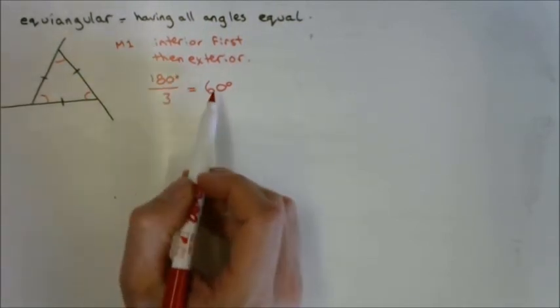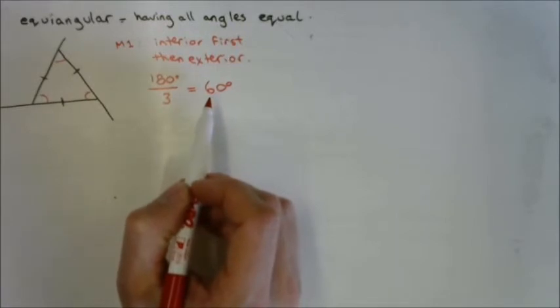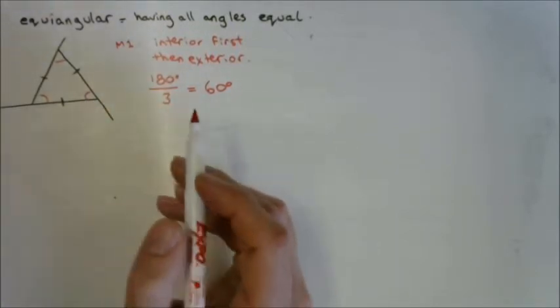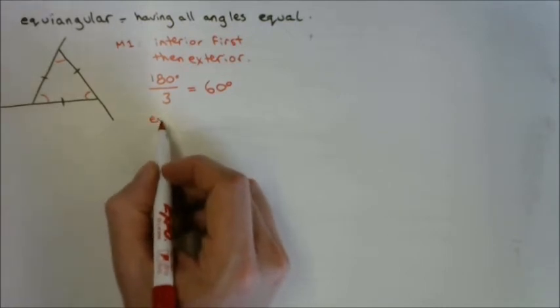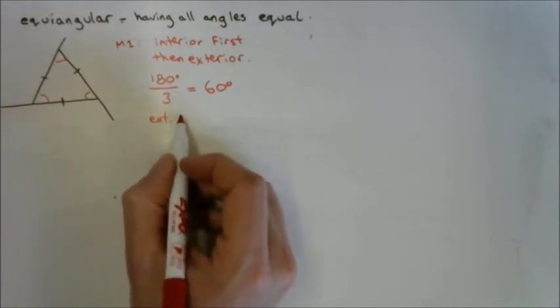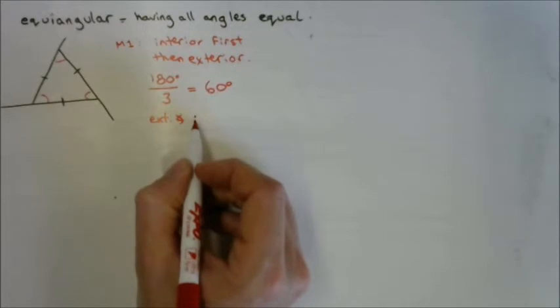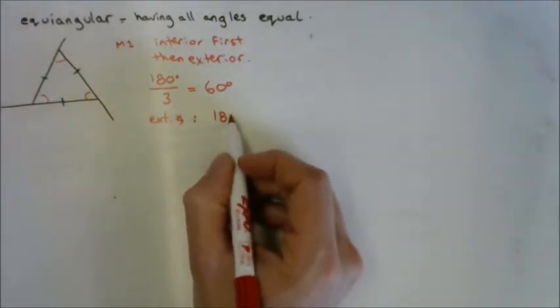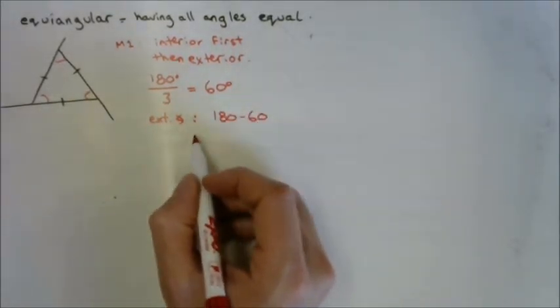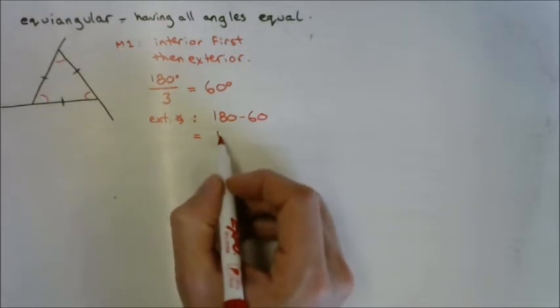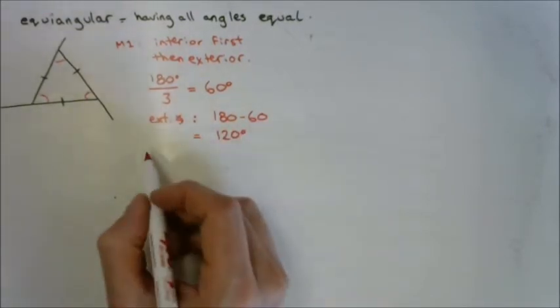Good. So now we've got the interior angle, and we already learned the property of exterior angles is that they are supplementary with interior. So in order to get the exterior angles, all we have to do is 180 minus 60, which is 120 degrees.